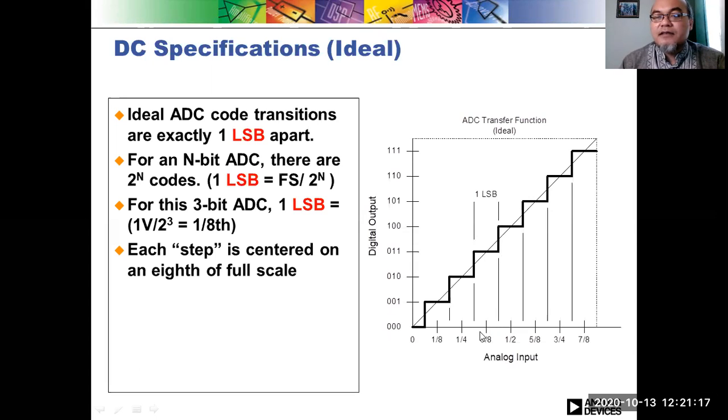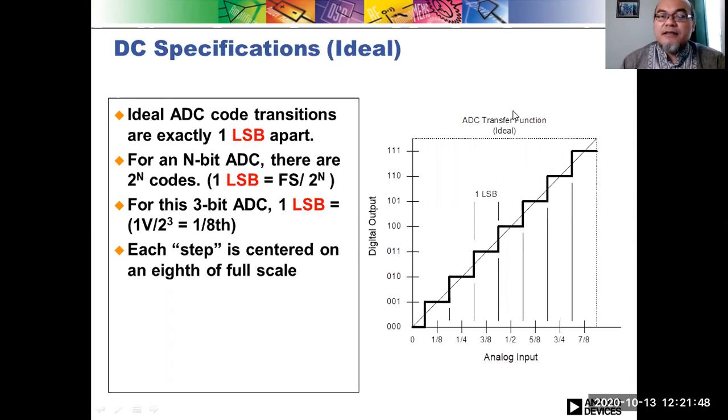In this case, if this is 3 bit, from 3/8 to a half, between 3/8 and half. So this one is the least significant bit. For an n-bit analog to digital converter, there are 2 power n codes. One least significant bit equals the full scale divided by 2 power n.